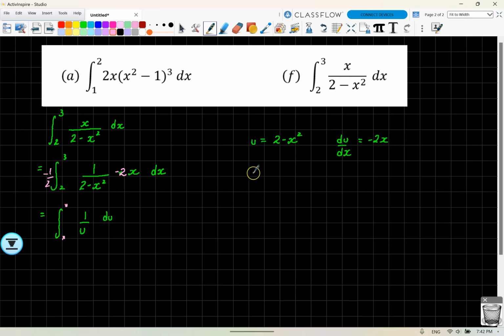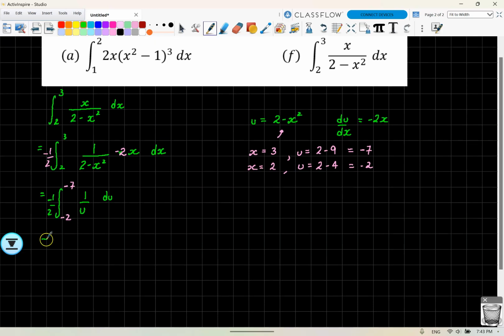When x is 3, we substitute it in, so u will be 2 minus 3 squared, so 9. That gives me minus 7. And when x equals 2, we get u equals 2 minus 2 squared, which is 4, so minus 2. Let's replace those over here: minus 7, minus 2, and let's not forget that we've got the minus a half out the front. And let's integrate as per usual.